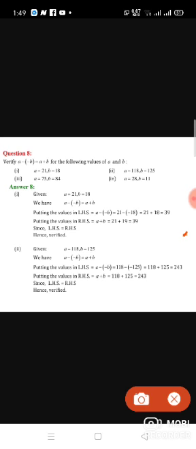In it we have to verify a minus (negative b). Dear friends, we know that minus minus becomes a plus, so it will be a plus b, for the following values of a and b as given. In the first question, a is equal to 21 and b is equal to 18.